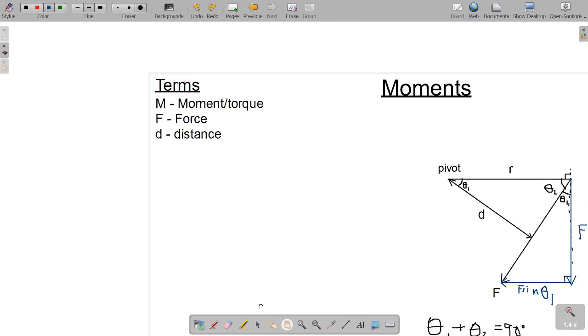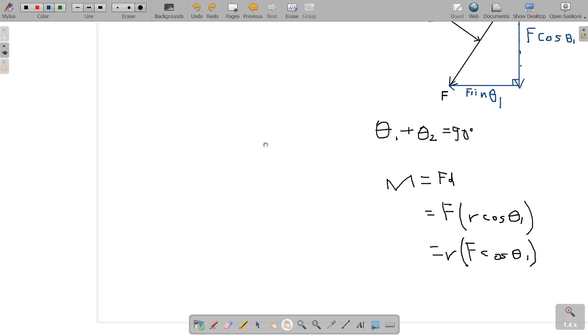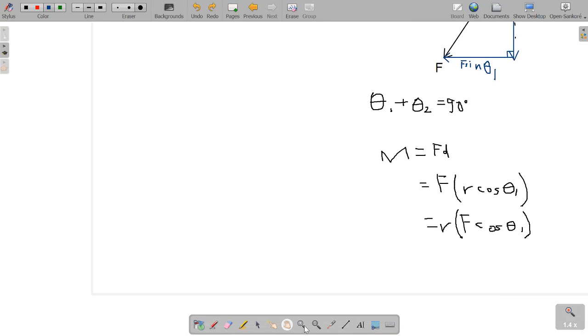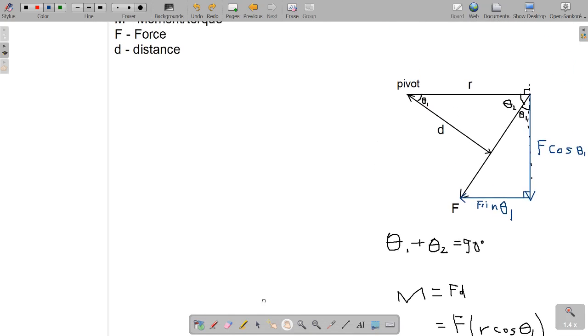Torque is normally represented by the Greek symbol tau. And the thing about torque is that it is proportional to something called angular acceleration. Okay, I'll explain.